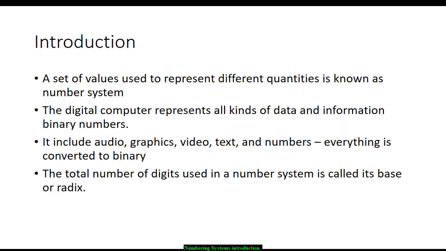Alright, so for introduction, you should see that it is a set of values to present quantities, known as numbering systems, right? And numbering systems have, like I mentioned earlier, a base or radix. I think the most common words that people would use are base 10 or base, let me just make a note for you.